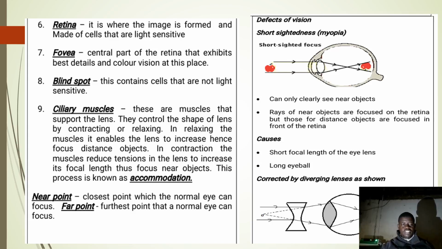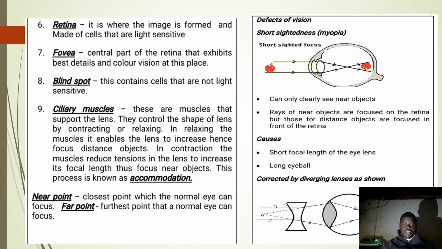When you look at where the retina is, you realize that it is where the image is formed and it is made of cells that are light sensitive. If you read from other books, you'll realize that this is where we have the rods and cones. So the cones are capable of forming images at light of high intensity, and the rods use light of low intensity.